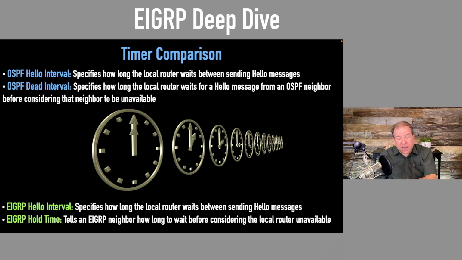But my hold time, which defaults to 15 seconds, I am not saying, all right, my hold time is 15 seconds, so if I don't hear from you within 15 seconds, I'm going to tear down this neighborship. That's the way OSPF does it, but the hold time works opposite in EIGRP. Let me explain. Instead of the hold time being how long I'm going to wait on you, the hold time is how long I tell you to wait on me.